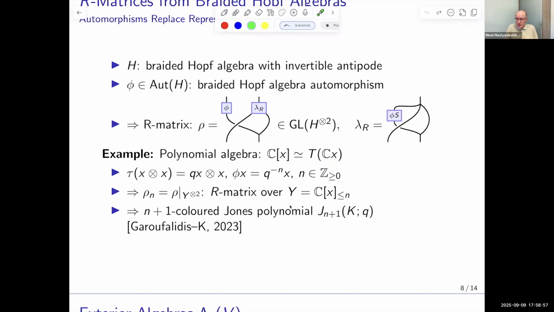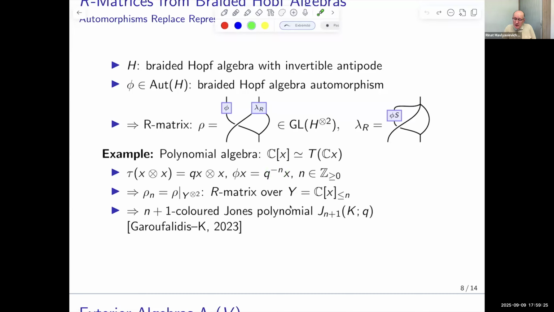So the basis element is x, so x tensor x is sent to q times x tensor x as a braiding. Now, how do we choose an automorphism? We choose it as a diagonal action, which multiplies the generator by a scalar. Multiplication by any scalar of the generator, of course, is an automorphism.